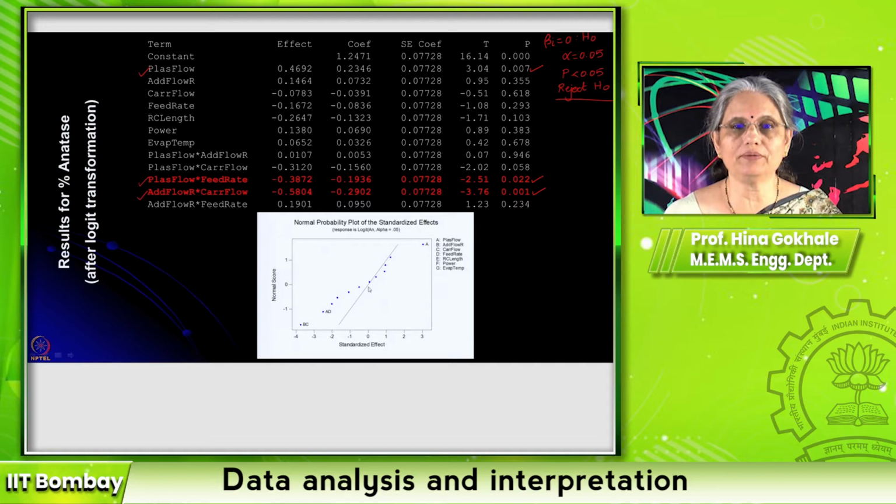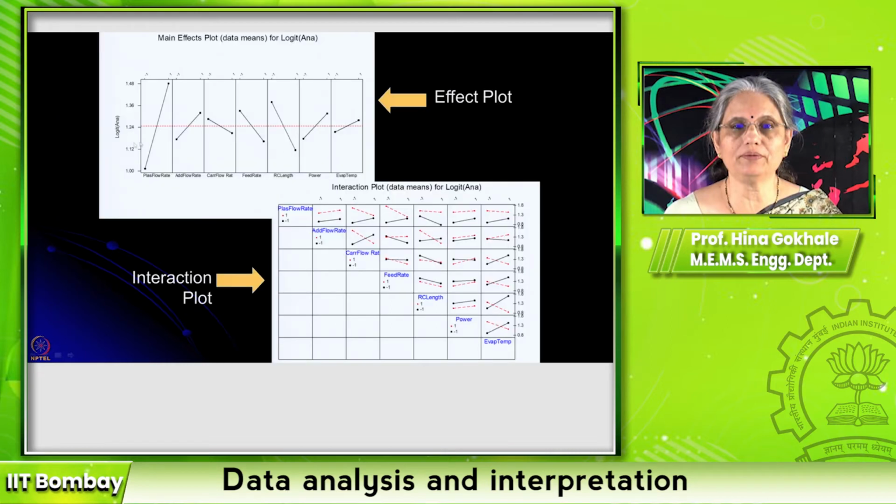Almost all points are far away here, but from this table we find that when you consider alpha equal to 0.05, that is your level of significance, 5%, then these are the three values which are of importance.